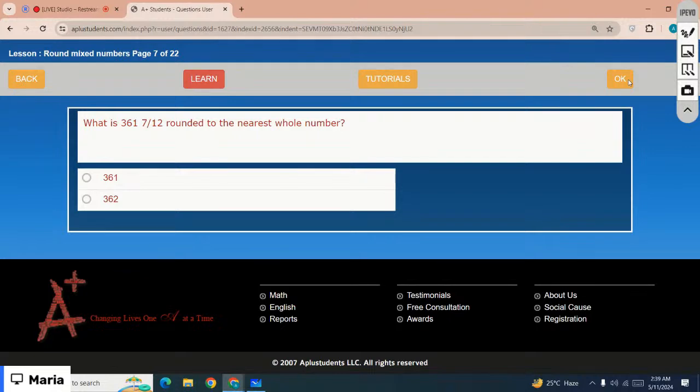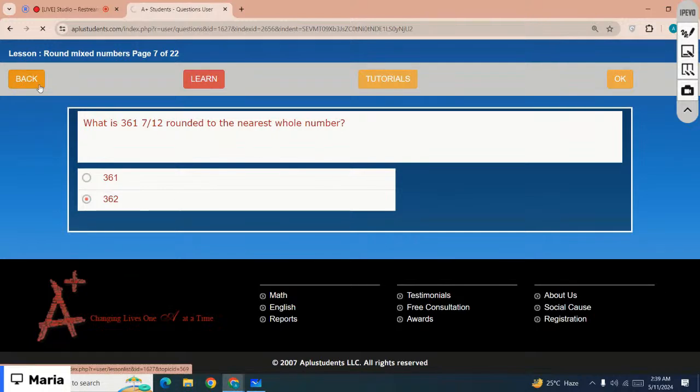What is 361 whole 7 over 12 rounded to the nearest whole number? So which is the correct option? 7 over 12 is more than half, right? So you need to round up. It would be rounded off to 362, right?